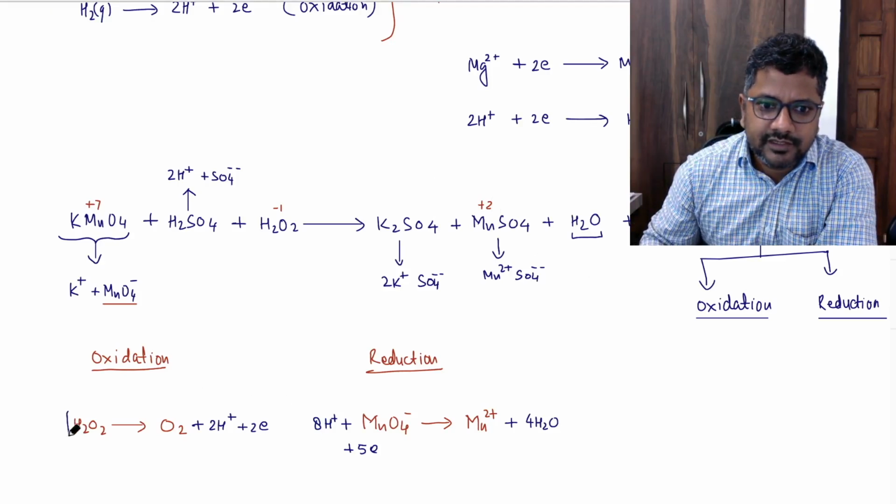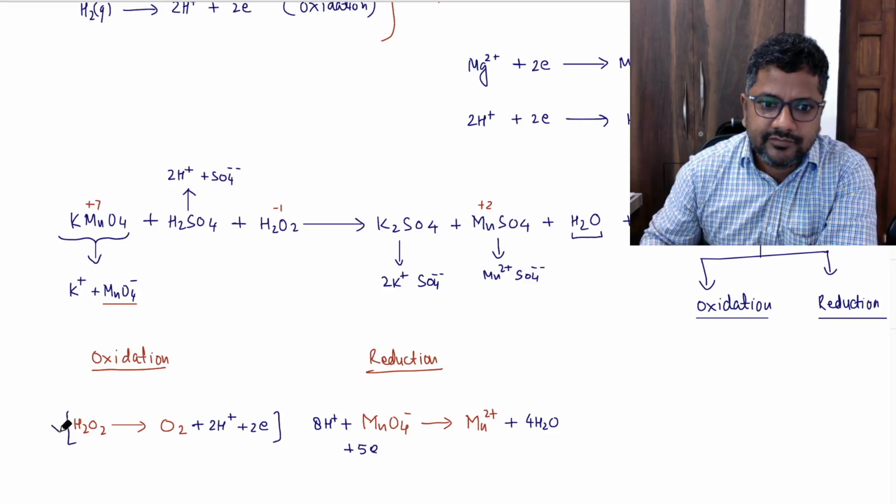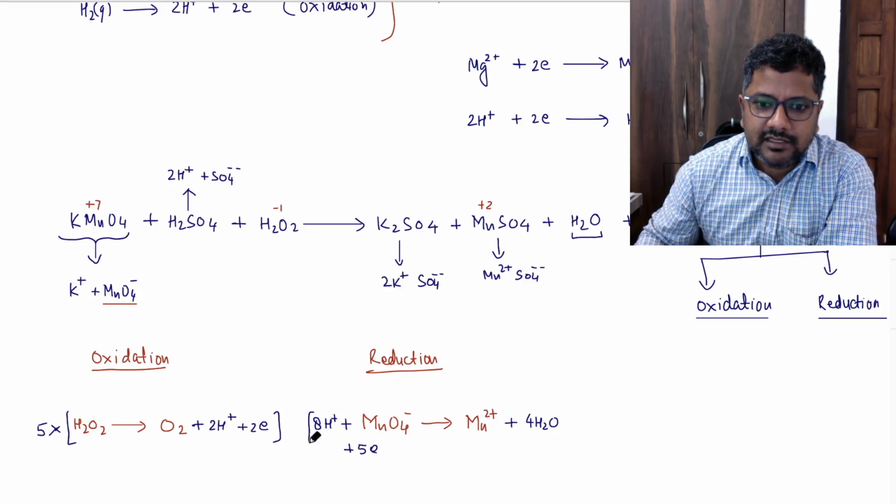Very simple, you have to multiply this equation with 5, right, and multiply this equation with 2.